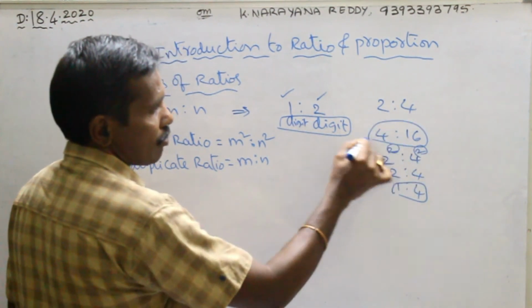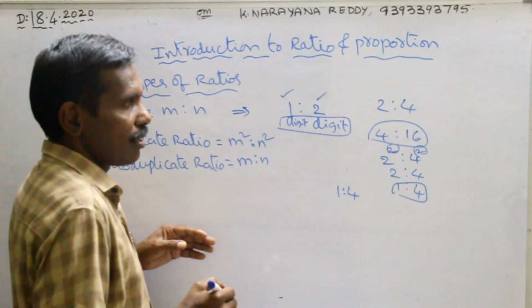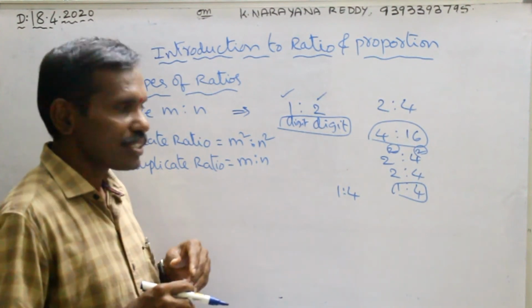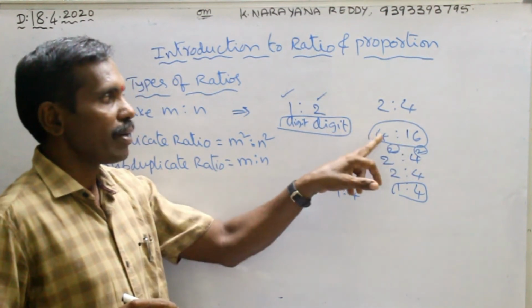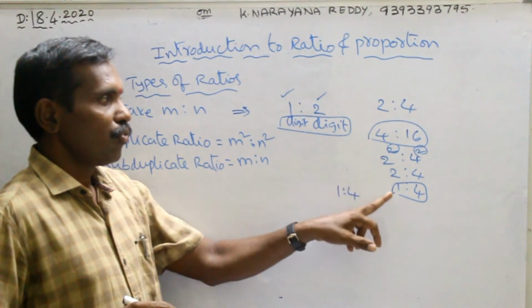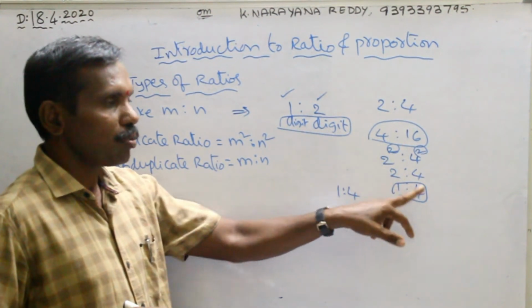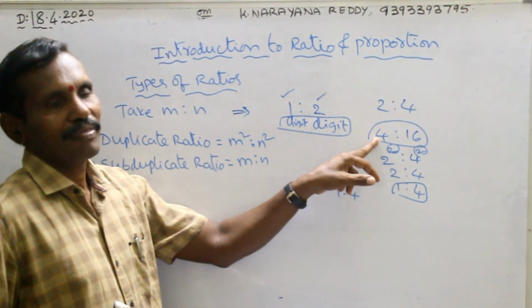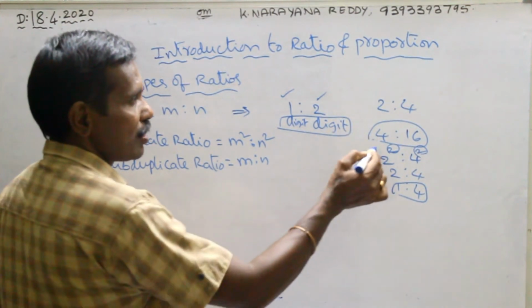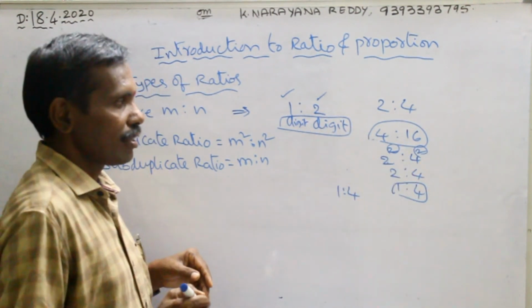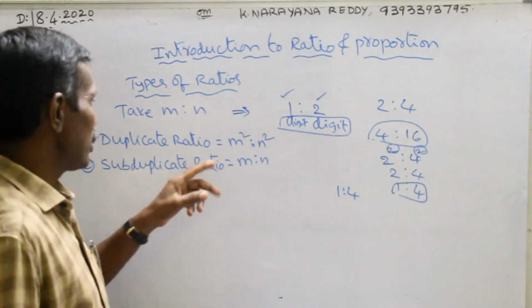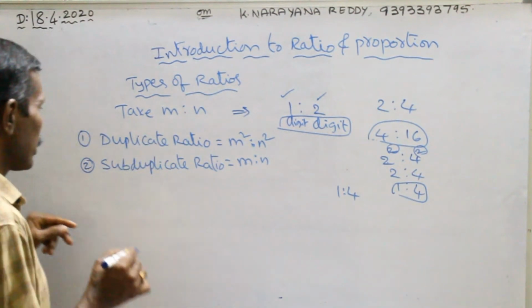This is duplicate. Okay? Why we are calling in this way means we are dividing this ratio by 4. This is subduplicate. This is duplicate. Okay? So this is 2 square, 4 square. That is the difference between duplicate and subduplicate.